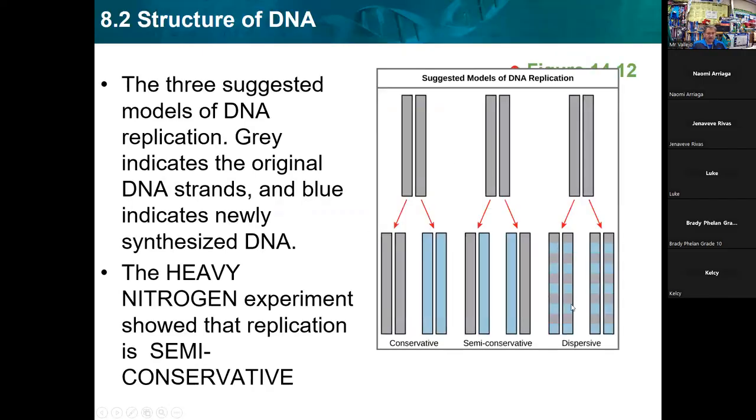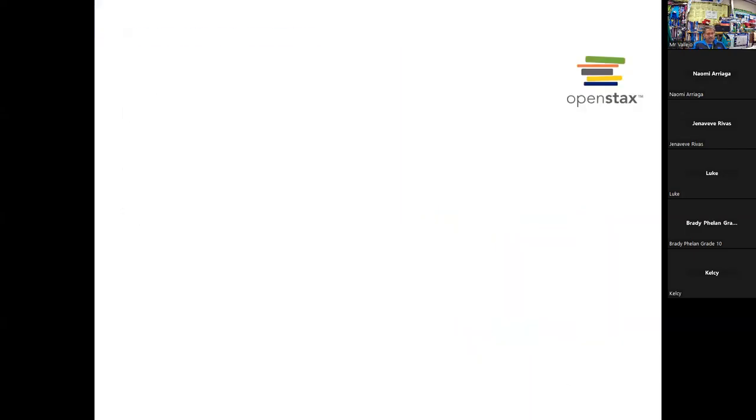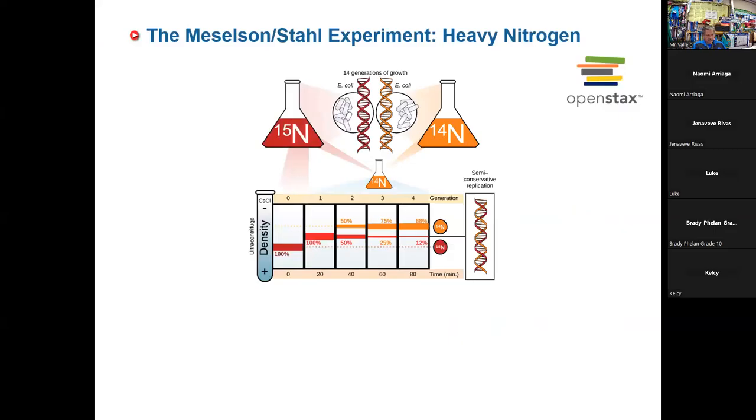But if we go back over here, look at this guy. Well, if this is the way it is, then really you should have four bands. No, these guys will split up and these guys will split up. And if the new DNA gets added on here to each of the single strands that happens after you split this down the middle like that, well, then it's still going to be dispersive replication of DNA, and it should be one band and not two.